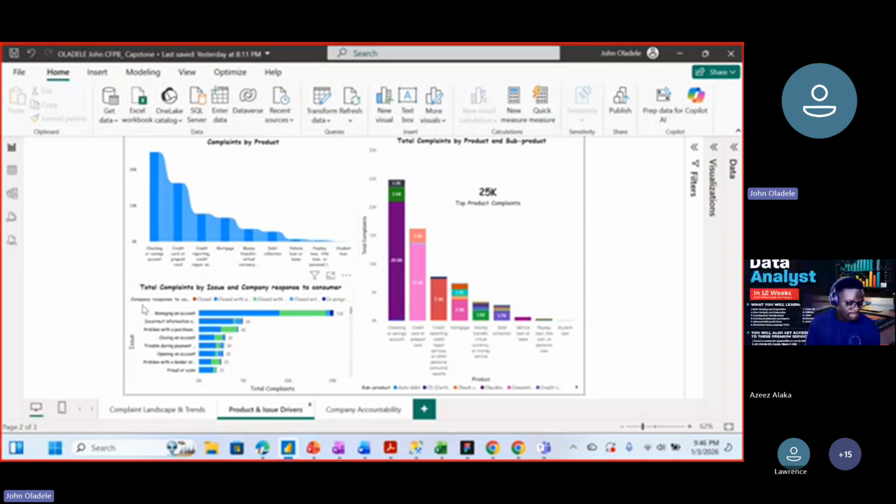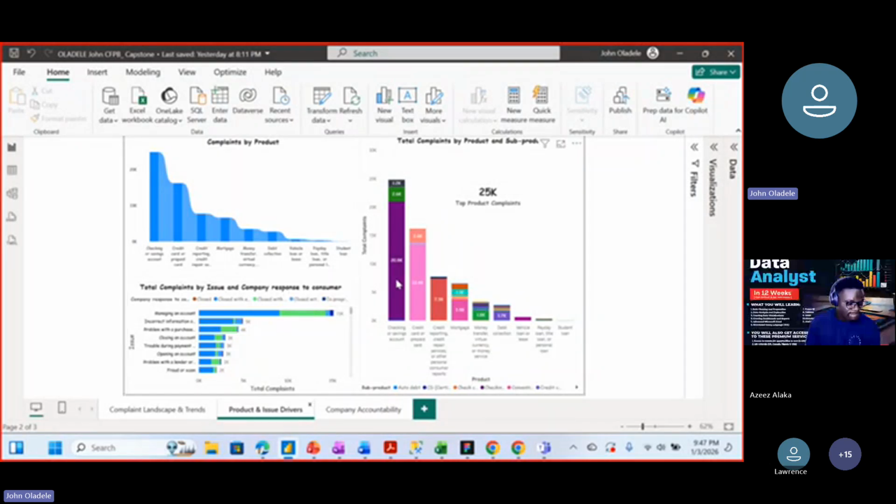And if you look at total complaints by issues and company response to the consumer, you see that the issue of managing an account has more responses as compared to the checking of account, which has the most complaints.